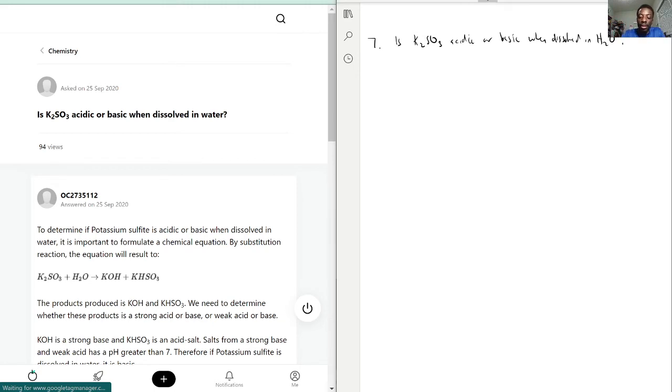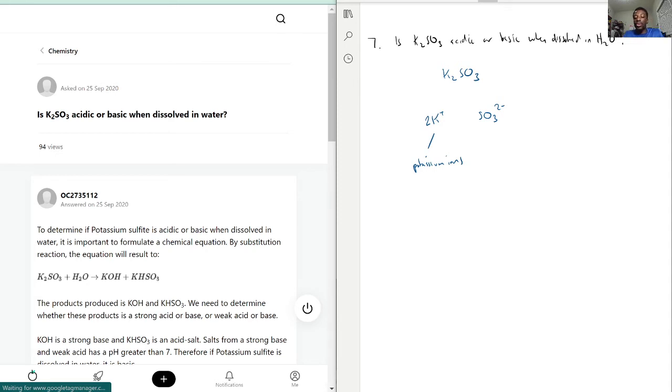So we have K2SO3 dissociating to 2K+ and SO3 2-. So 2K+, we know these are going to be potassium ions, okay?